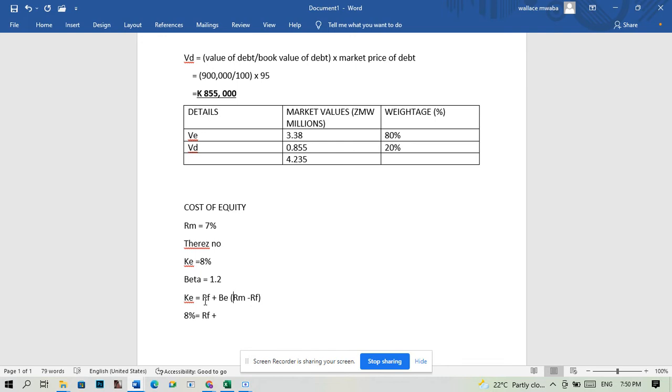The expected rate of return deals with the shareholders, and is also called the cost of equity to you as the business. So expected rate of return is 8%, which is our cost of equity, and the market expected rate of return is 7%. But we haven't been given the risk-free rate, so that's what we're trying to get here. Once we get it, we'll be able to calculate the cost of equity for Iconaman.